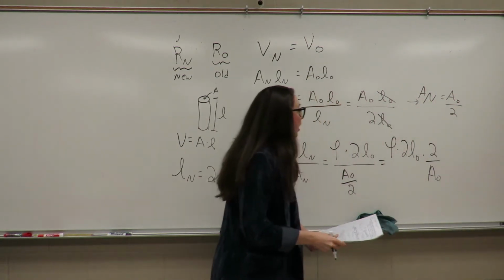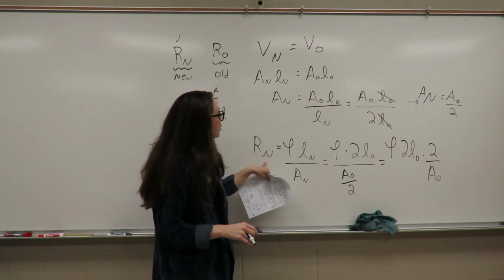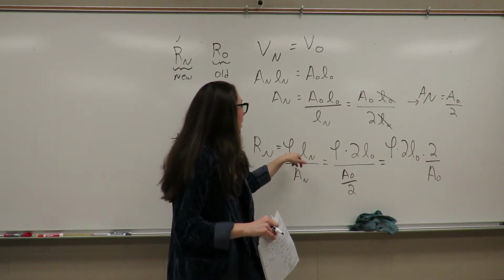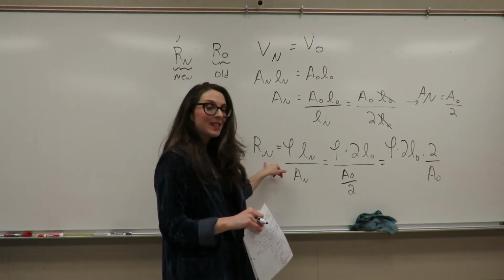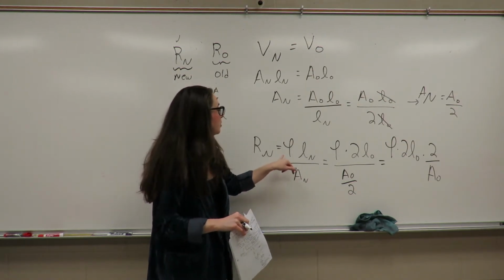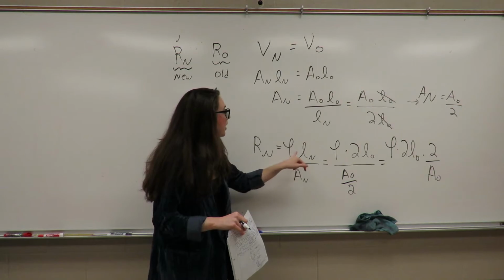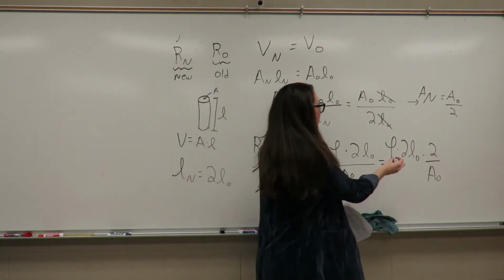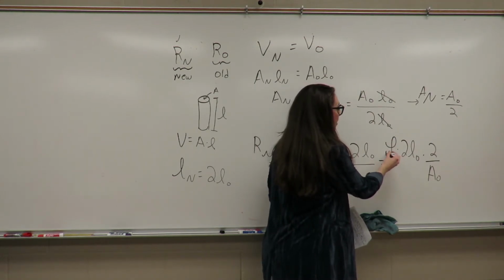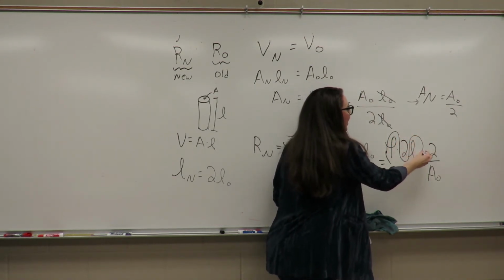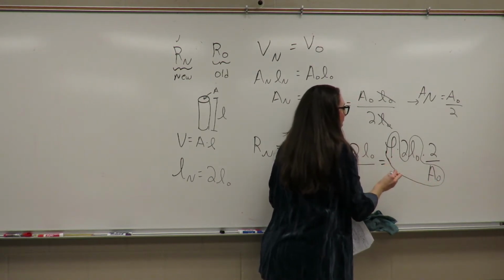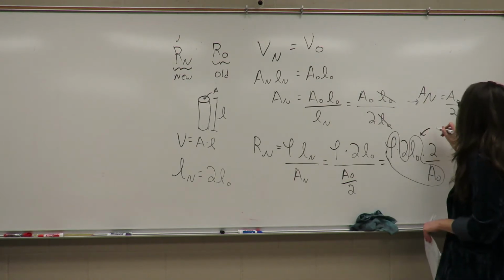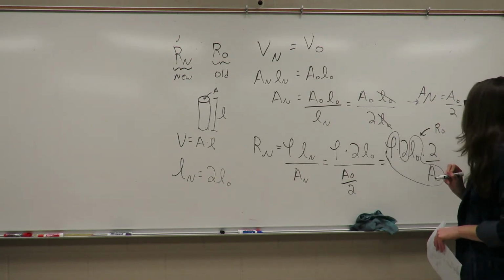And if we look at our equation for resistance, resistance is equal to the resistivity times the length divided by the area. So here we've got a resistivity, a length, and an area. All of those terms equal our original resistance.